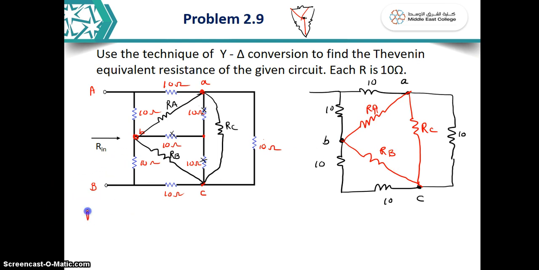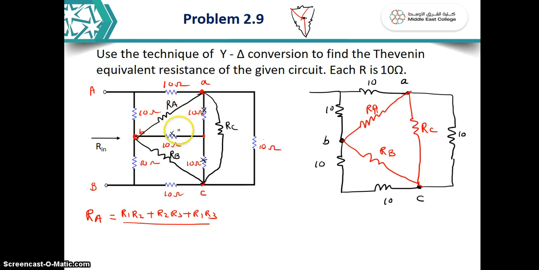So already the equation from the conversion: RA is equal to, as you already studied, if this is the resistor you want to find, R1, then you have R1 R2 plus R2 R3 plus R1 R3 in the upper part, divided by the resistor RA you have to find.